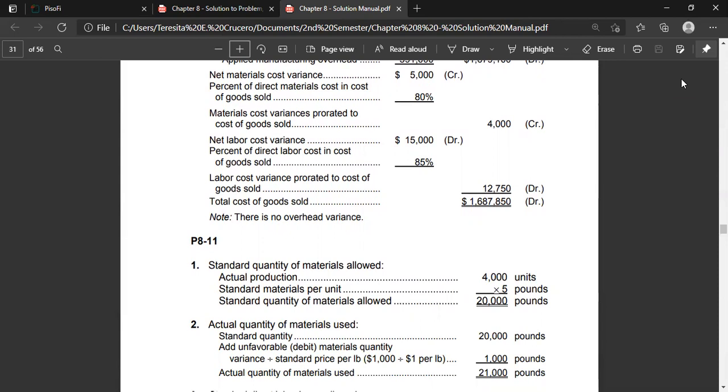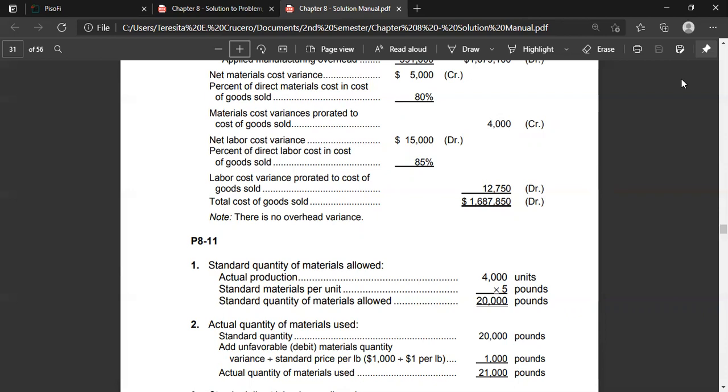So we have now the actual production of 4,000 units. The actual production given for May is 4,000 units. Then the standard materials per unit is 5 pounds, as given.